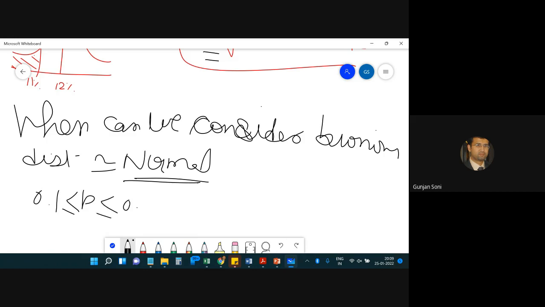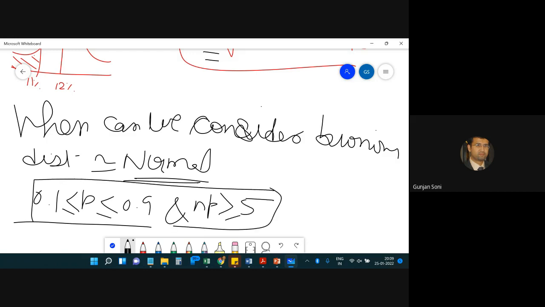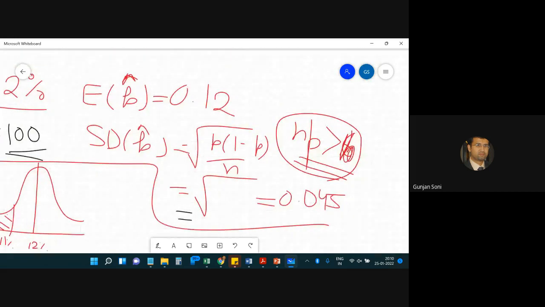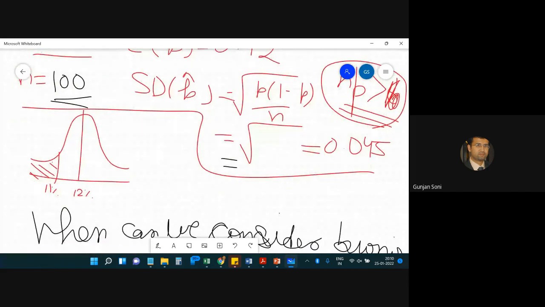If p lies between 0.1 and 0.9, and here p is 0.12, it is greater than 0.1, and np is greater than or equal to 5. So this is the hard guideline. In this case, it is actually following this guideline, so we can even consider what was given earlier. I've just clarified this now. So it's okay if we consider 0.045 also. No issues. Are you okay with this?